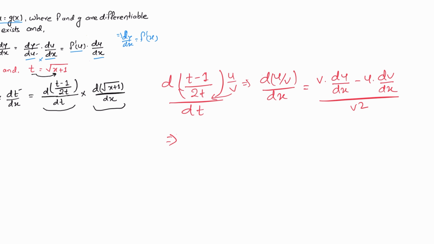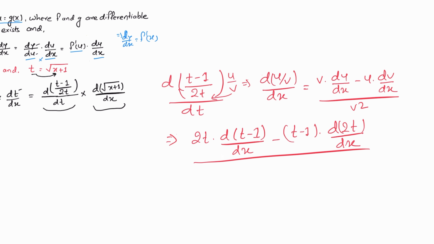So we will write v, which means 2t, times d of u, which is t minus 1, upon dx, minus u, t minus 1, times d of 2t upon dx, by v square, in place of v we have 2t whole square. So we will get 2t times the derivative of t. Sorry for this, because here it is x, meaning u and v are in terms of x, but here we have t, so we will write t here.